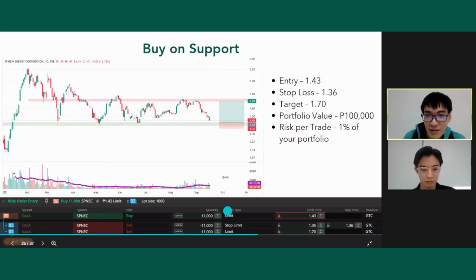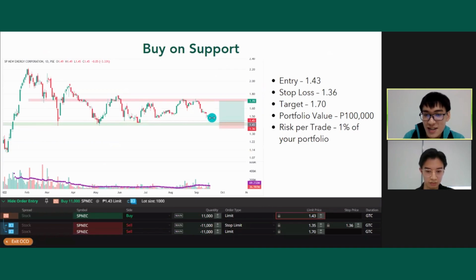Then for your take profit, it's simply a sell limit order at 1.7. So basically, there's a sell order here. Parang it will just wait, if price hits 1.7, you'll take your profits na. So all those orders, you can already input it.